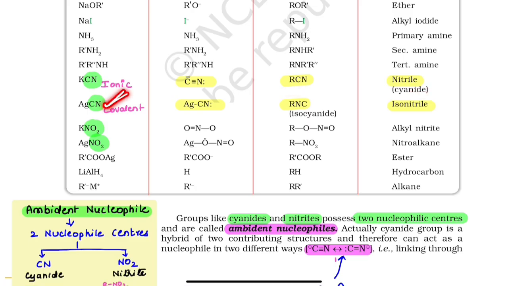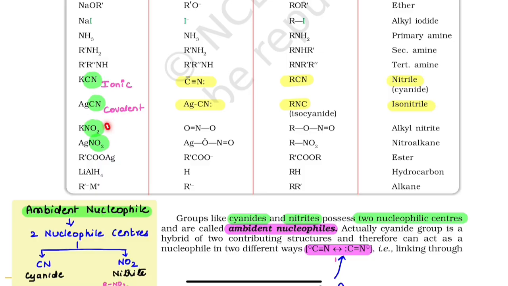Whereas silver cyanide is covalent in nature. Therefore, it will not break as Ag plus and CN minus. So here now nitrogen will have a lone pair of electrons. So this nitrogen will attack the R group. As a result, RNC will be formed. So nitrogen will form a bond with R. Then if it is NC, it is called isonitrile. Same way potassium nitrite.